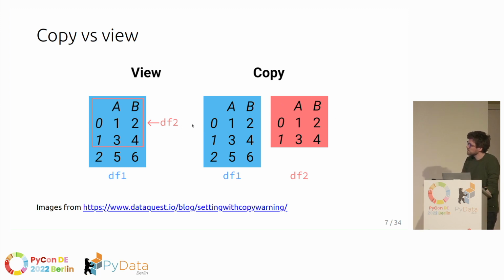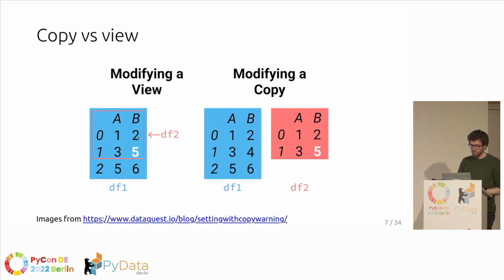Why is this important, or when does it matter? Because those views in NumPy are mutable, if you would mutate a value in this df2, because the data is shared, also the original DataFrame is updated, or in case of the copy, only the second DataFrame is updated. So that's the fundamental aspect of a copy versus a view in this case.